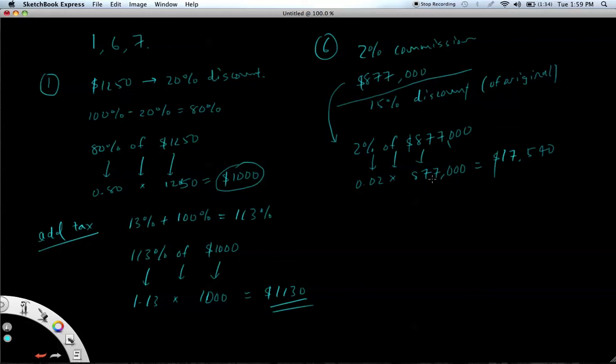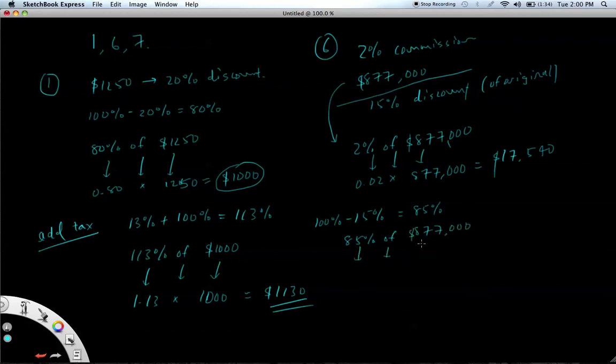Okay. But let's say there's a discount. So it's a 15% discount off of the sale price. So what actually happens is, if the original price is 100%, I take away 15%, so what you're actually paying is 85%. So I'm paying 85% of the original selling price, right? Because there's a bit of a discount.